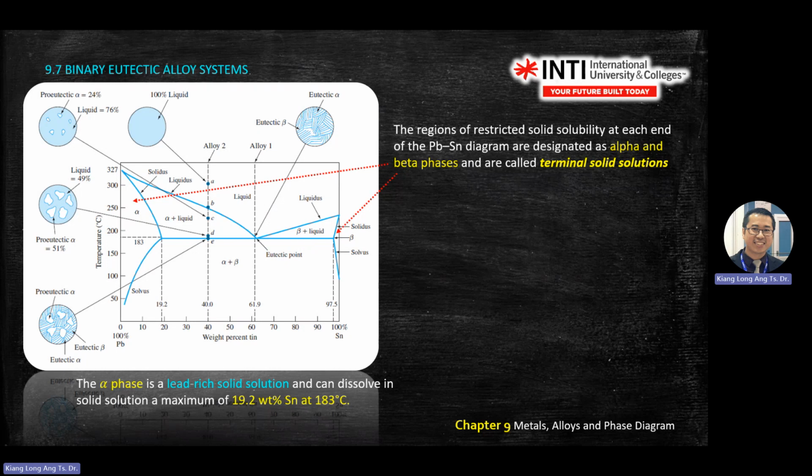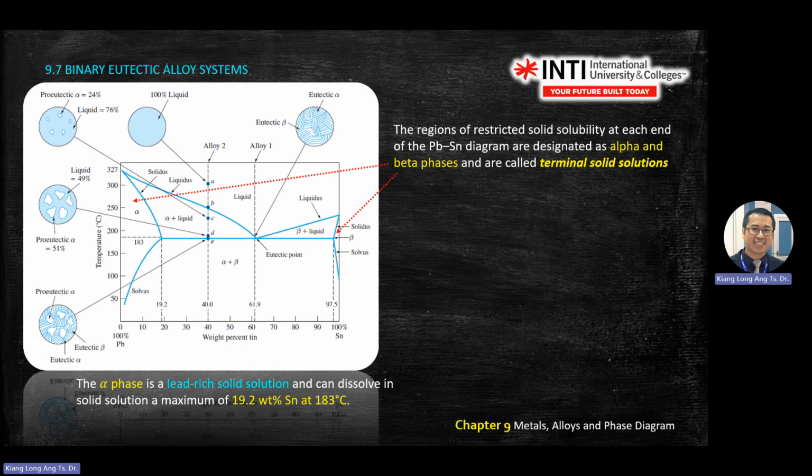It can dissolve in solid solution a maximum of 19.2% of Sn at this temperature. So the alpha phase can dissolve a maximum weight percentage of 19.2 Sn at 183 degrees C. Can I? Understand?